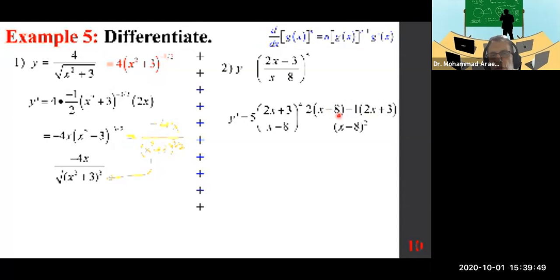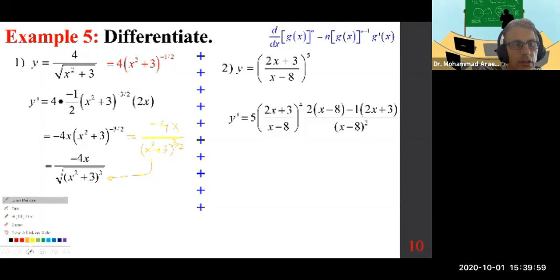You are done with calculus. Now your algebraic steps begin. So let's use a different color to go over that.